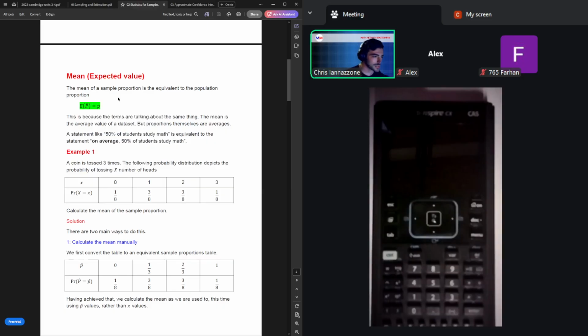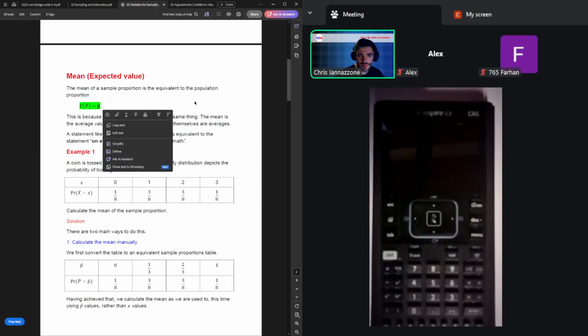The expected value of p-hat is just p. The reason why is more or less because they're just talking about the same things. If your expected value is in terms of a fraction, a proportion, then that's more or less what p is, the probability of a certain thing occurring.